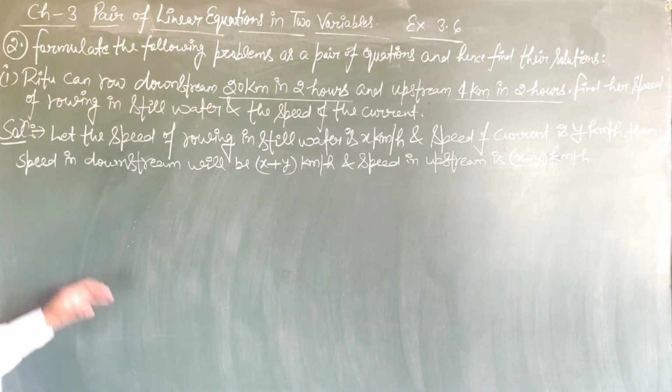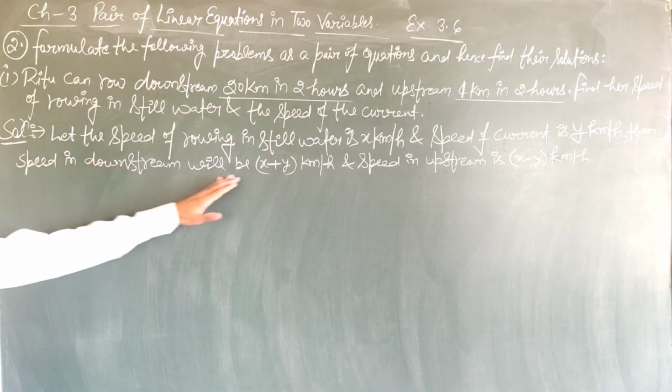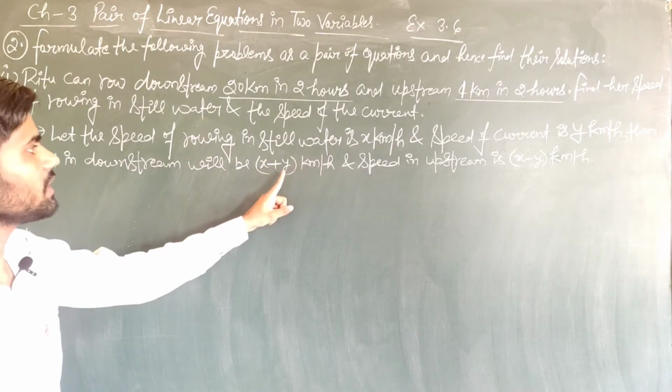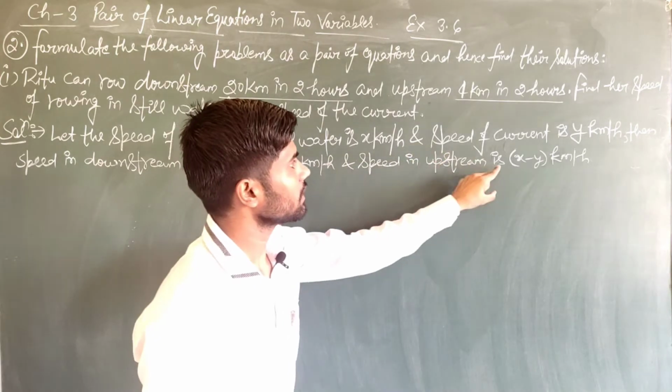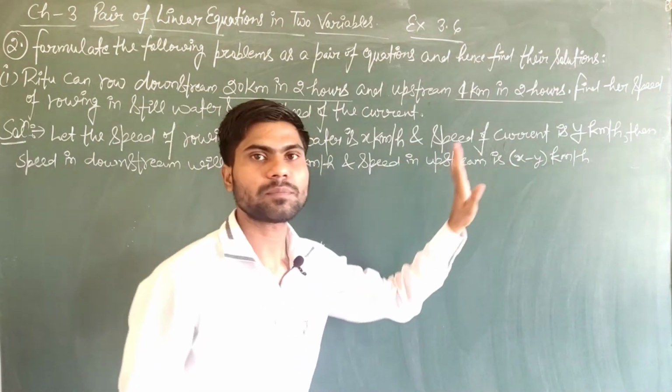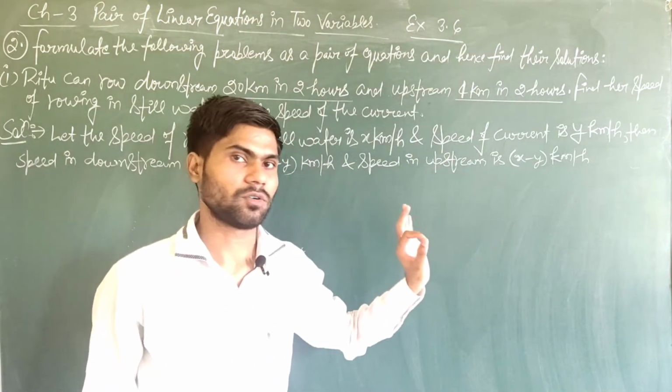Students, speed in downstream will be x plus y km per hour, meaning y is added, and speed in upstream is x minus y km per hour. You have to remember this always.